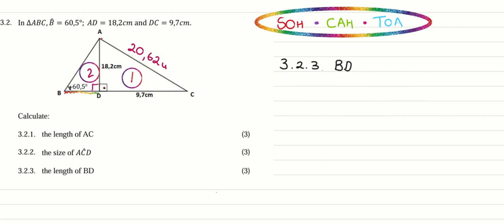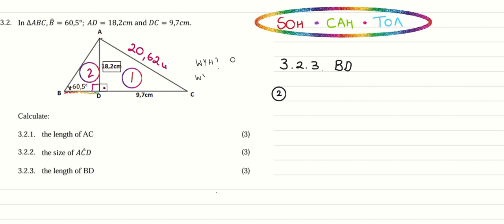Okay, lastly is to find the length of BD. Now there are two options here, and I'm going to show you the easiest one, or what I think to be the easiest one. So let's take a minute to check what we are working with. We want to find BD, the rainbow side, and BD is in rat number 2, so let's just work in rat number 2 for a moment, and let's ask ourselves the question, what do we have? We have the opposite, right, the 18.2.